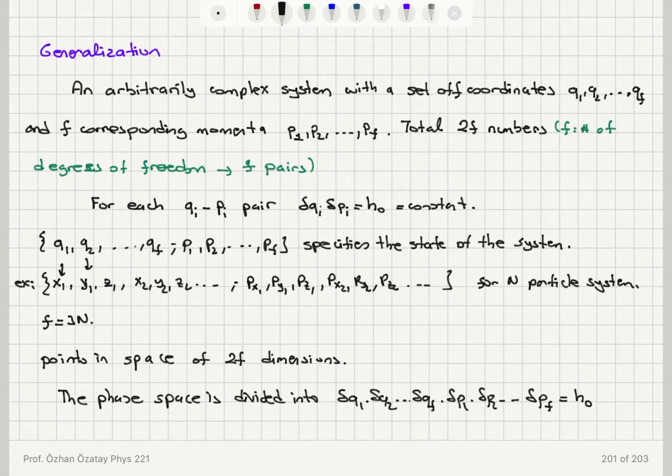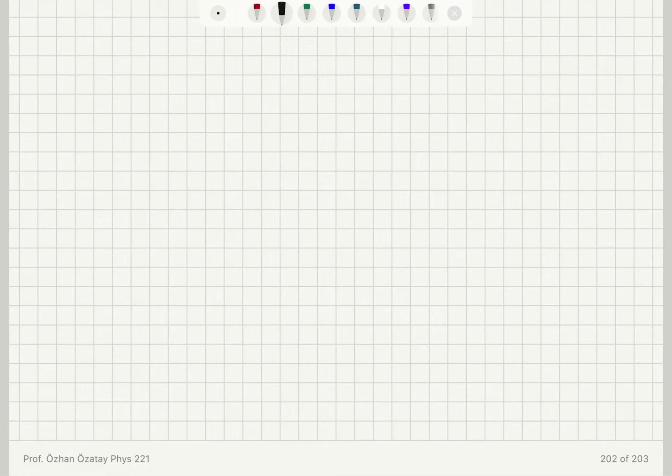That means H0 to the power F volume cells. So that's going to be the cell volume. All right, so this is going to be our generalization. So how do we specify the state of a system for this general case?